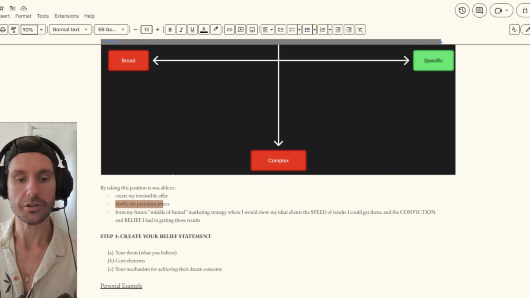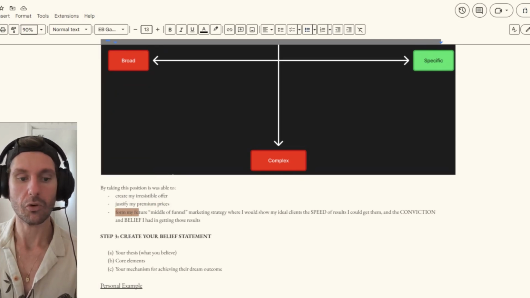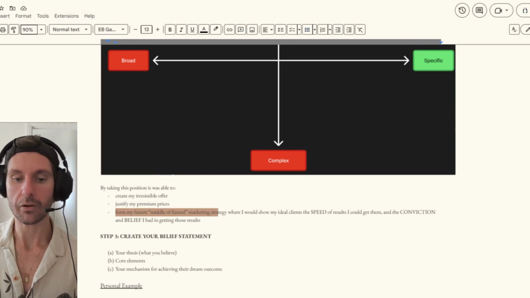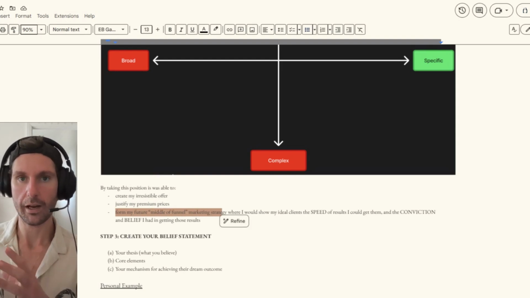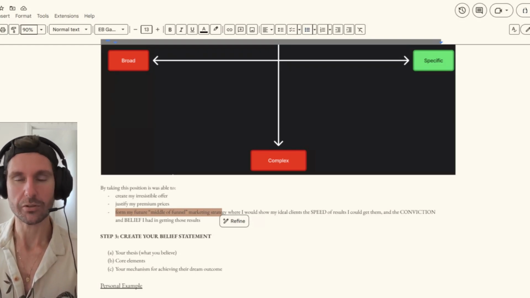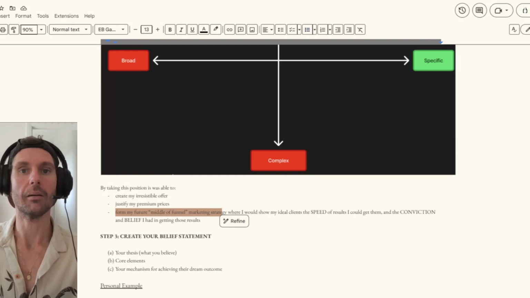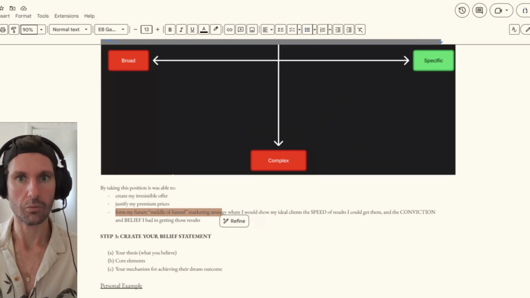It's going to help to justify my premium prices, and it's going to form the future of my middle of funnel marketing strategy, which is where I'm going to focus on the speed of results, the certainty of the results, and I will introduce the pricing. It creates alignment and flow throughout the entire client journey from when they first discover you to when they become your client and you work with them for a long time.